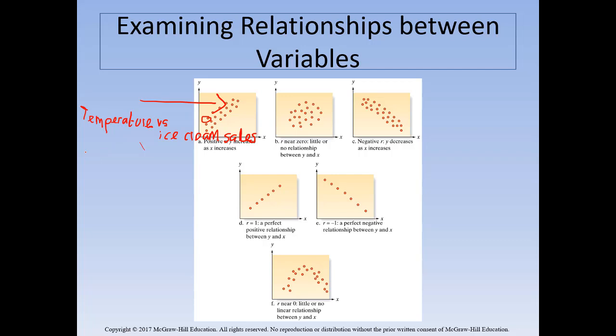Let's have the GDP per capita versus the proportion of people in higher education, and I'll just call it HE. That is, as countries become richer, you will generally get more people going into higher education.